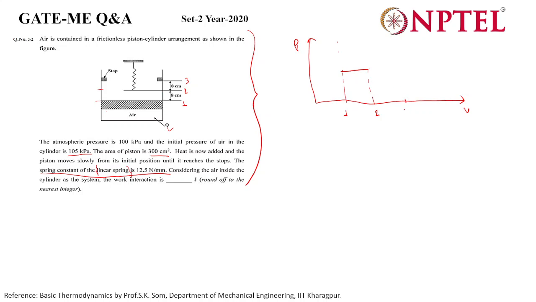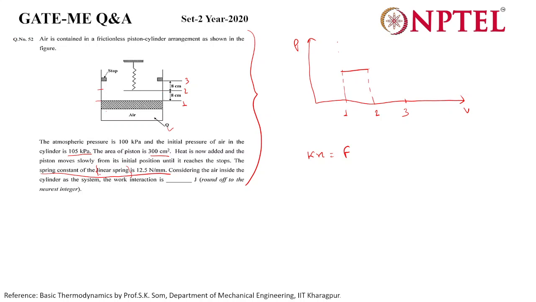How is that, I'm asking now. Sir, kx is equal to constant. kx is force here, right? So how? Sir, pressure is linearly varying, right? Yes, sir.